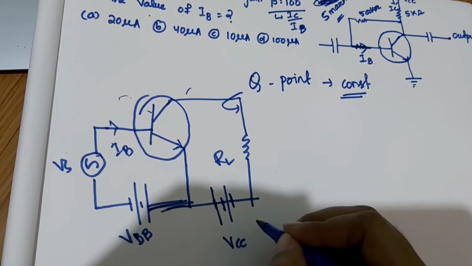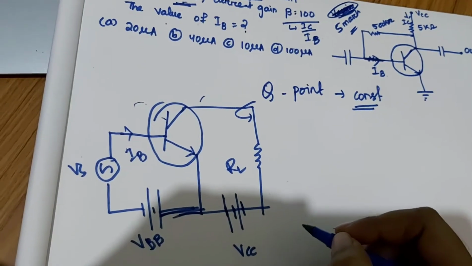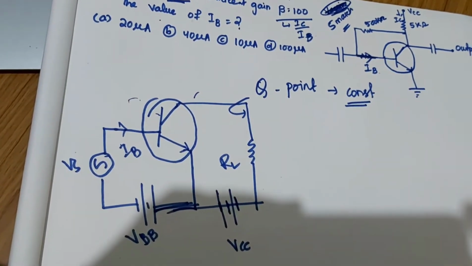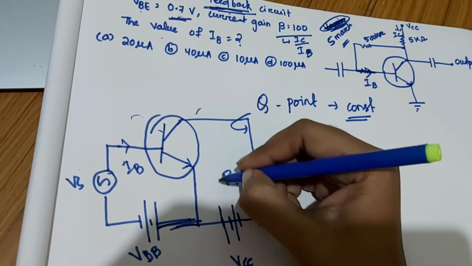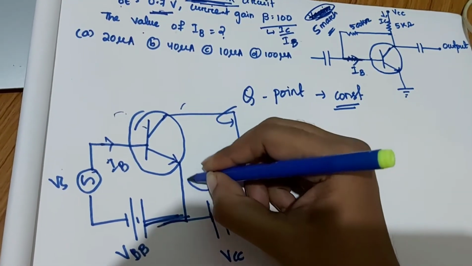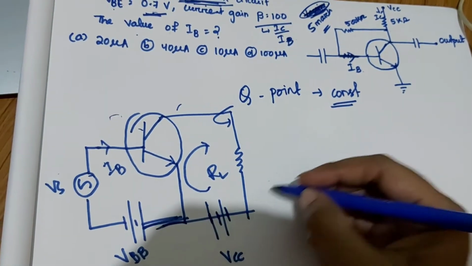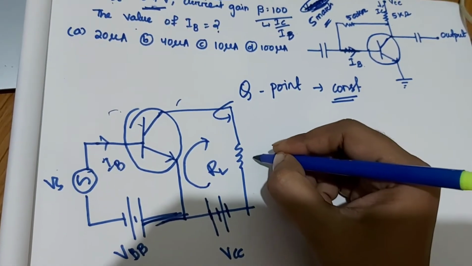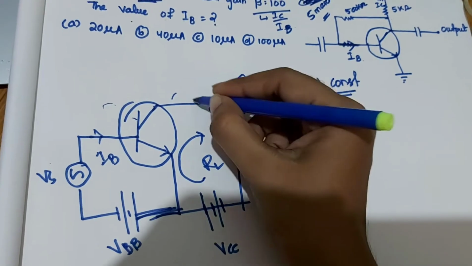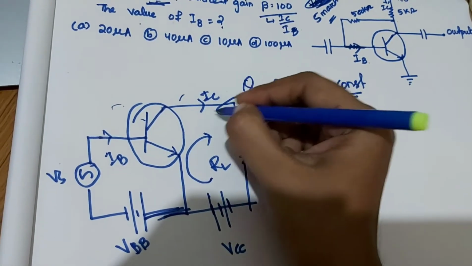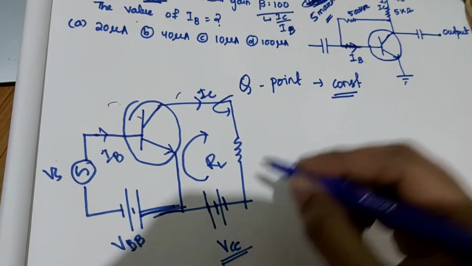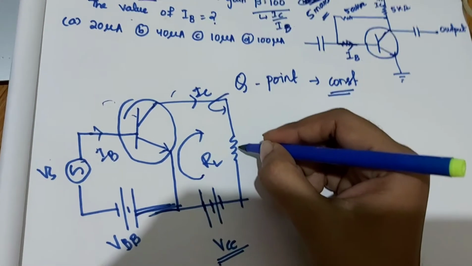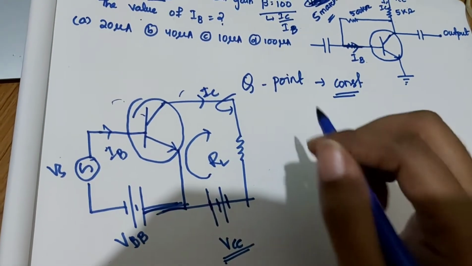Input voltage, right? If I use Kirchhoff's law over here, the collector current flows here. This is the collector current IC, this is the collector supply voltage VCC, and this is the load resistance RL across which we determine the current.